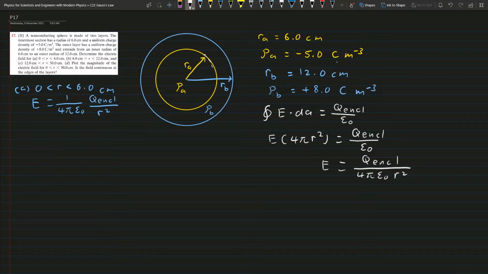So we know the formula for the charge density. Rho is equal to Q over V. So Q will equal rho V, and this V is 4/3 pi r cubed, right?